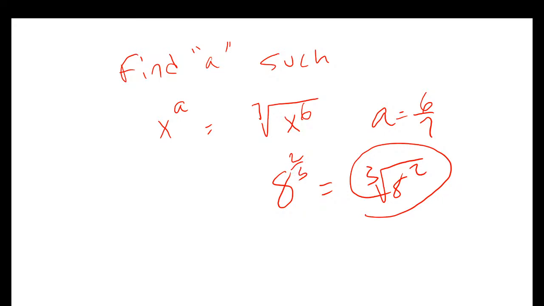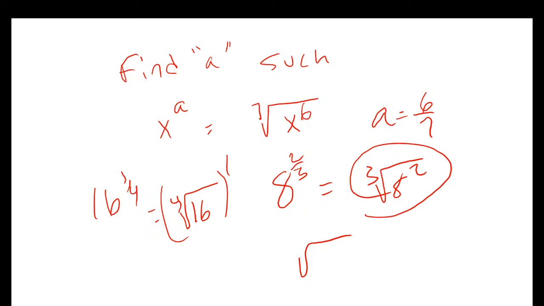That's all I'm asking. It's just a different way of thinking about it. If I say 16 to the 1/4, you know that's the fourth root of 16 to the first. Right? Yes. Well, if I say square root of 25, that's 25 to what power?